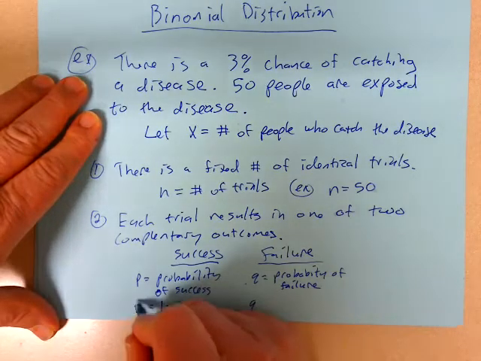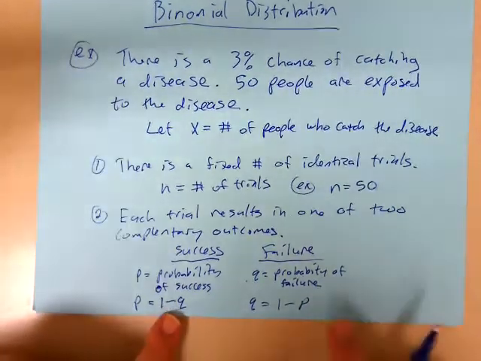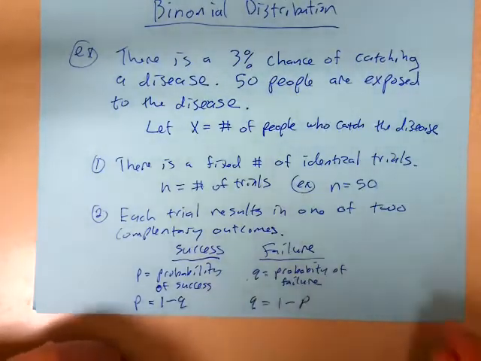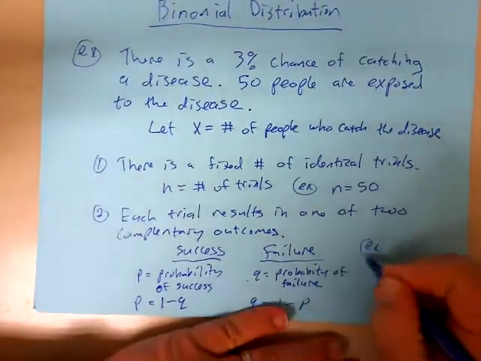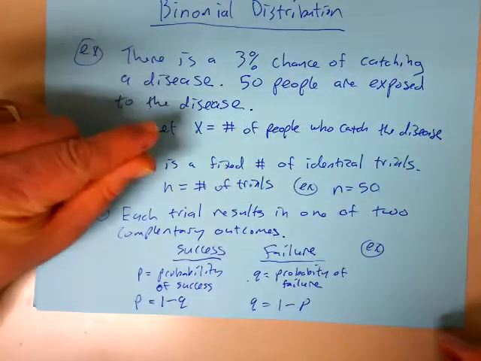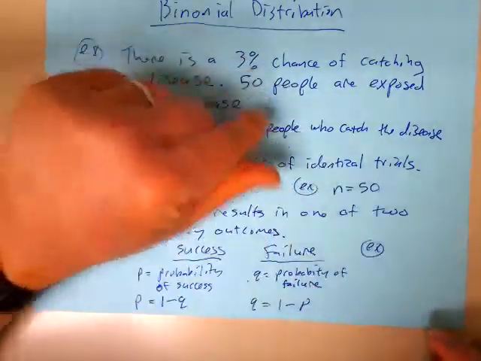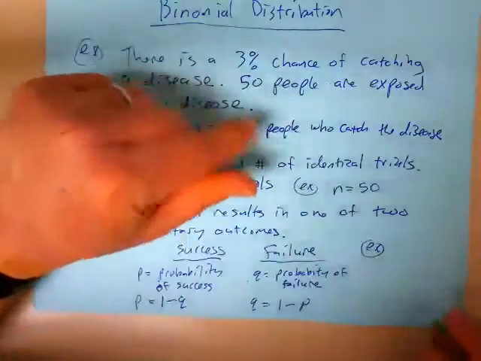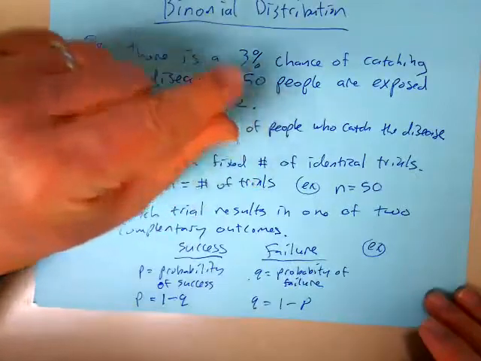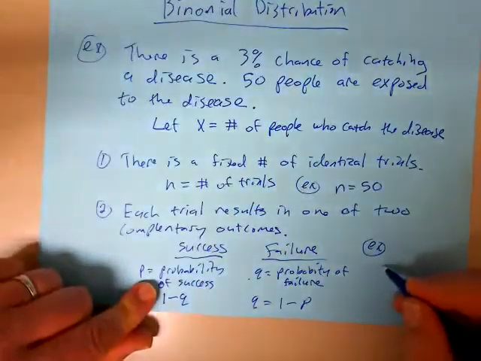Q is 1 minus P. So in the problem, they will give you either P or Q, and then you get the other one by taking 1 minus the one that they give you. So in this case, since I'm counting the number of people who catch the disease, the success is catching the disease, and P is the probability of that happening.